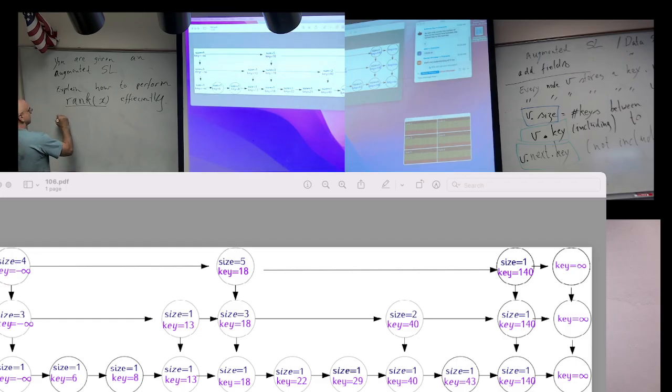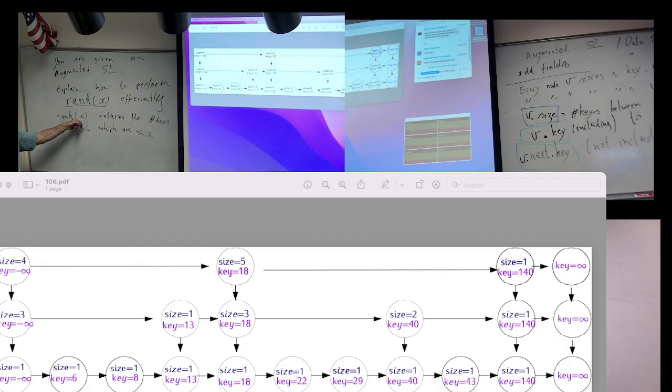What is rank of X? Rank of X returns the number of keys in the skip list which are smaller or equal than X. So if X is the smallest element in the skip list, then its rank is 1, because there is only one element that is smaller or equal to me.